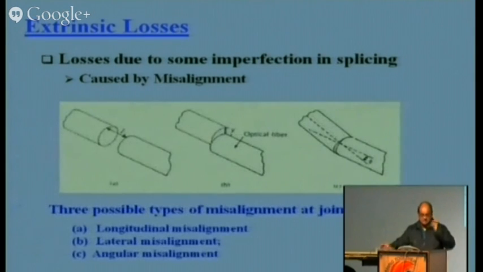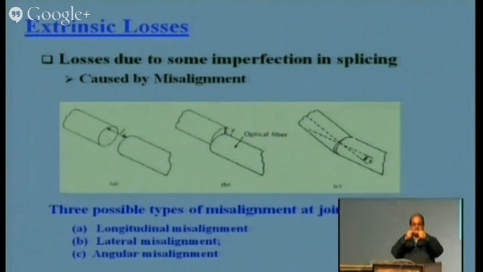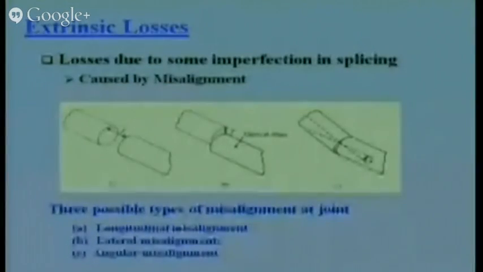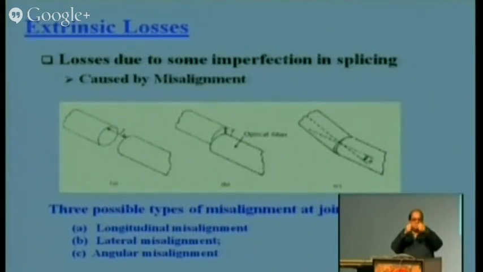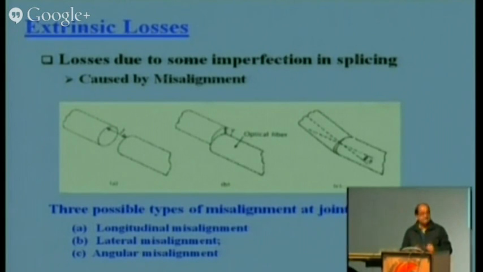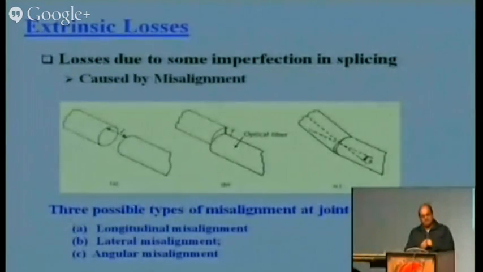This misalignment may be because of different problems. One is longitudinal misalignment: your fibers are not coming near to each other, there is a longitudinal gap. Then, your central axes are not matching, they are offset. We call it lateral misalignment or axial misalignment.